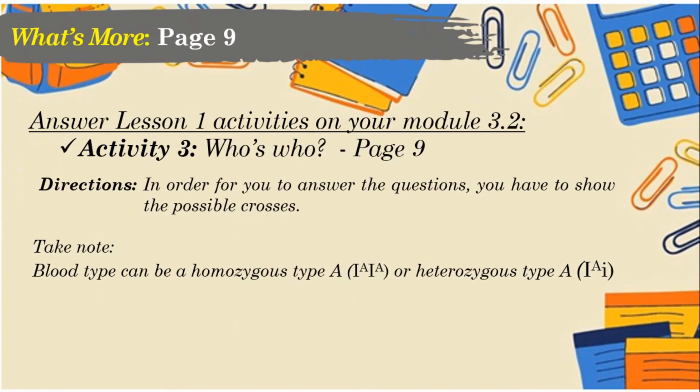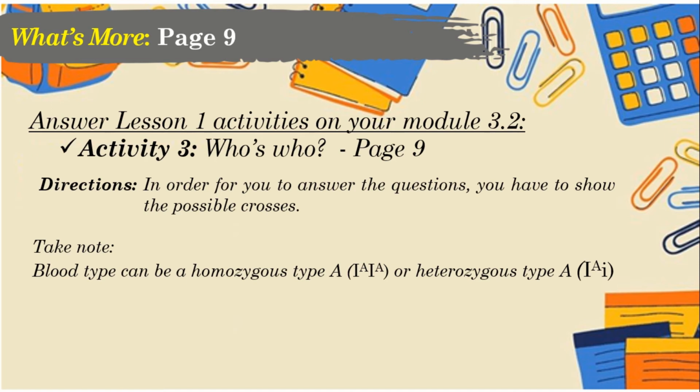Since you already have an idea on how to use this gene combination, you can now answer Activity number 3 on your page 9, which is entitled Who's Who. In order for you to answer the questions, you have to show the possible process.